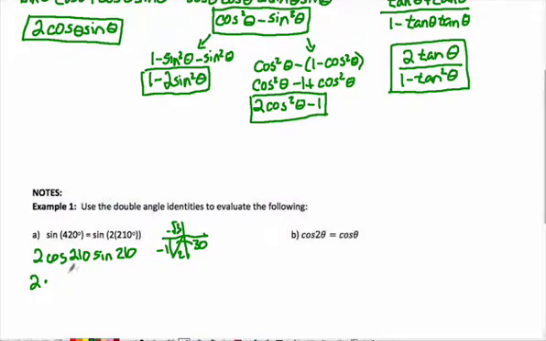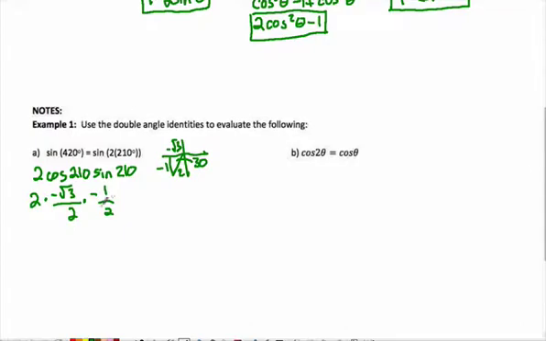Okay, cosine is negative square root 3 over 2 times sine, -1/2. All right, our negatives are going to multiply together and make them positive. And so I have 2 square root 3 all over, or sorry, all over 4. Making silly mistakes here. All right, 2 times 2 is 4. These can simplify, and now I have square root 3 over 2.